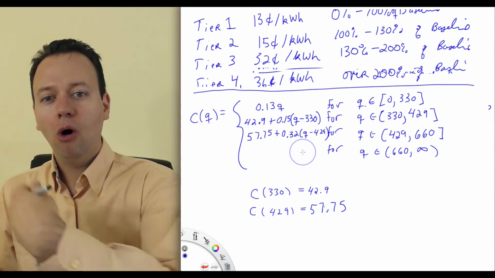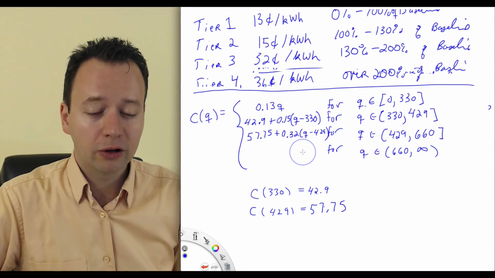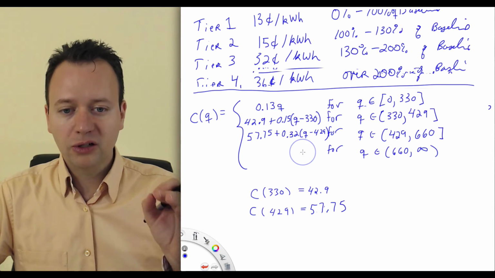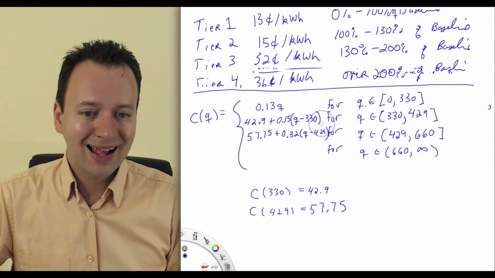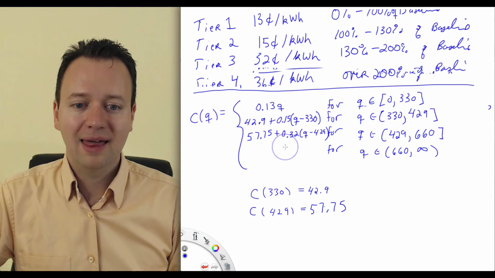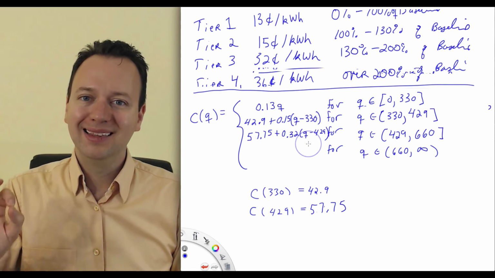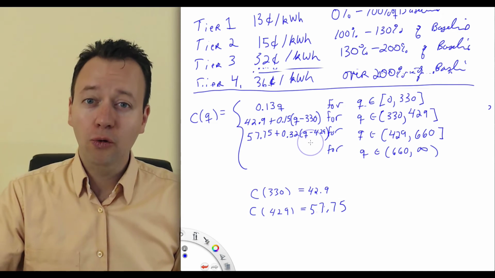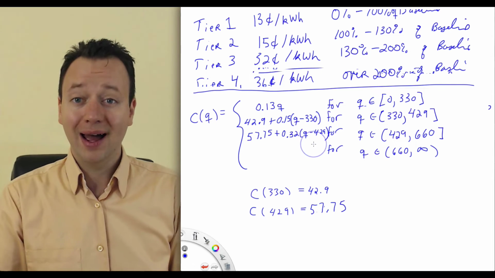How much should I go over that 130% threshold of 429 kilowatt hours? So this is the starting bill. This 57.75 is the ending point for the previous function. And then I add 32 cents per kilowatt hour times the number of kilowatt hours over 429. So how many excess kilowatt hours do I have?